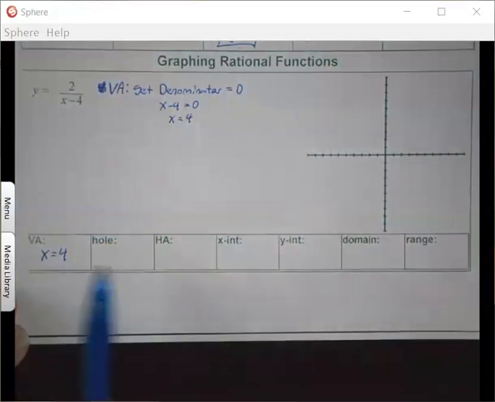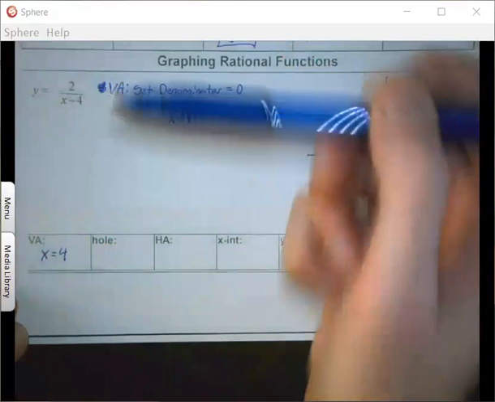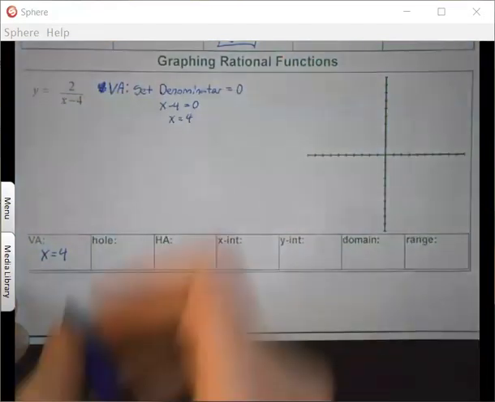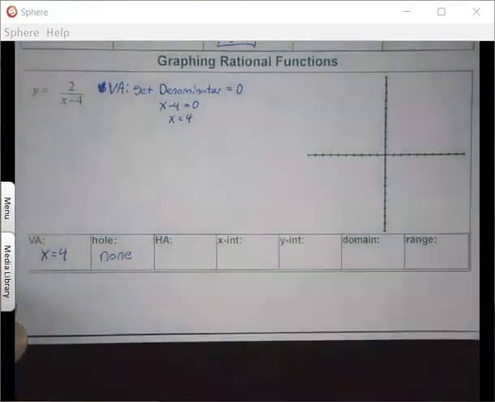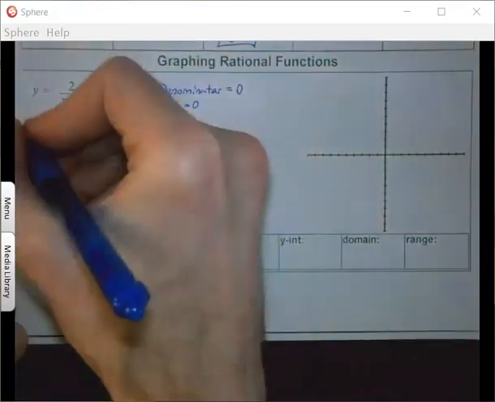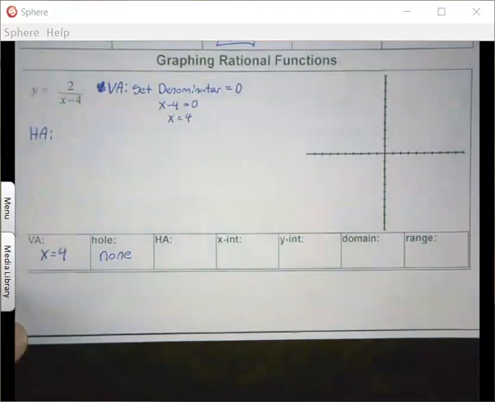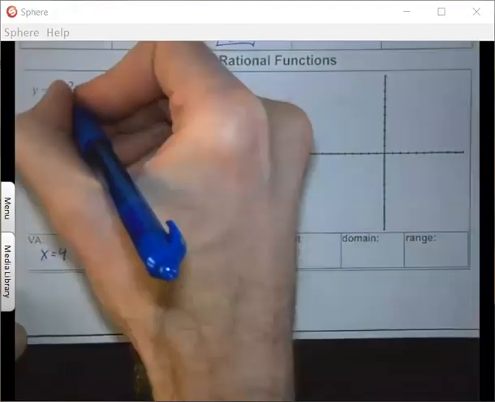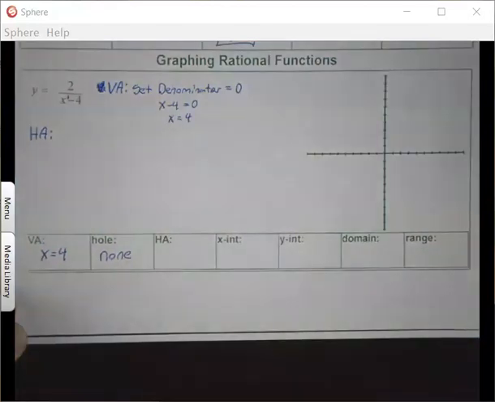Now, a hole in the graph occurs when you are canceling factors. In this example, there's no canceling, so we're going to have no holes. Horizontal asymptote. So on the bottom, it's a first degree. On the top, we do not have a variable.